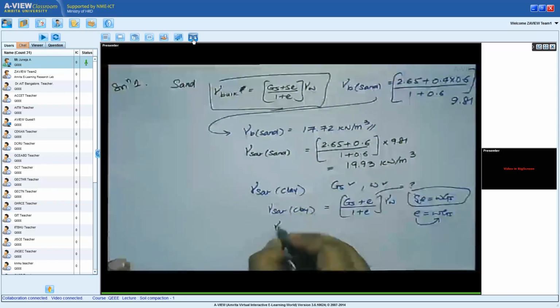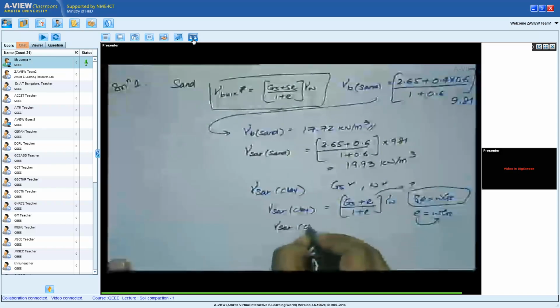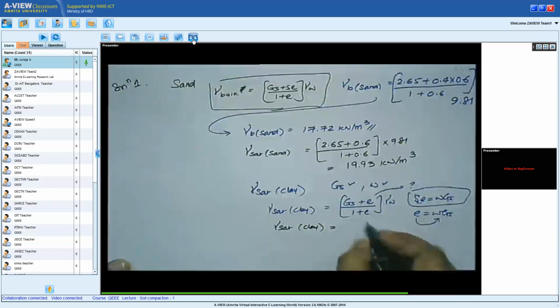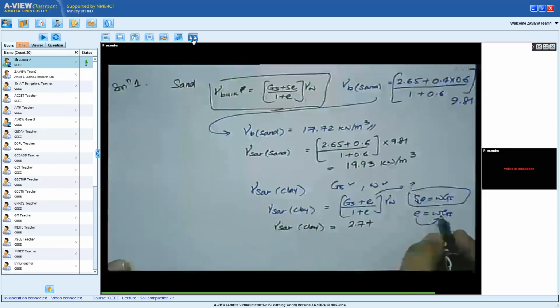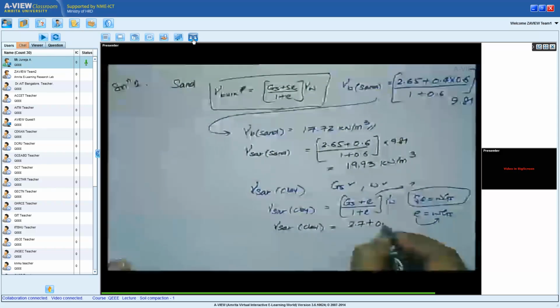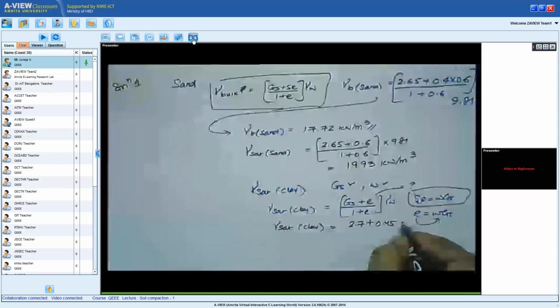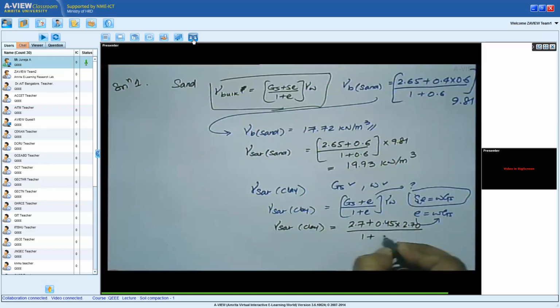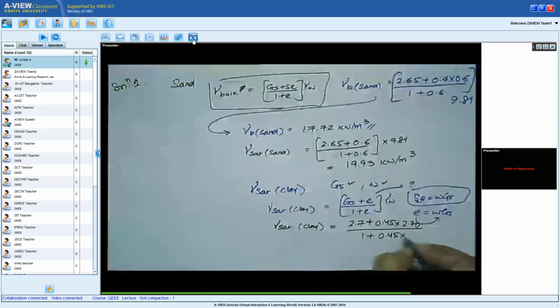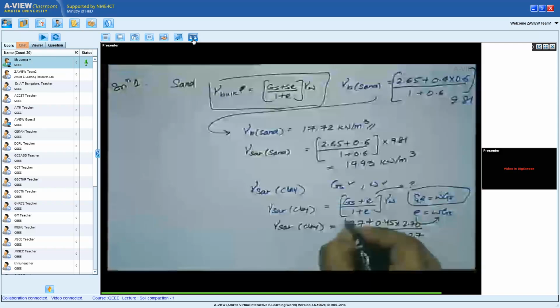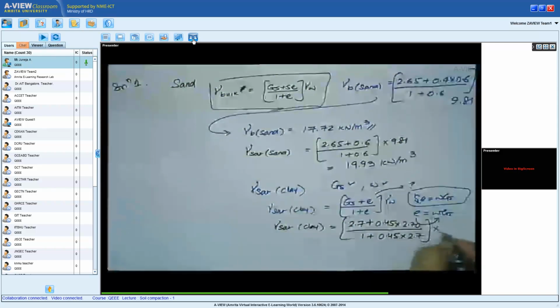So gamma saturated for clay equals GS for clay, given as 2.7, plus wGS, where w is 0.45, 45% water content, times 2.7, divided by 1 plus 0.45 into 2.7, whole thing times 9.81.